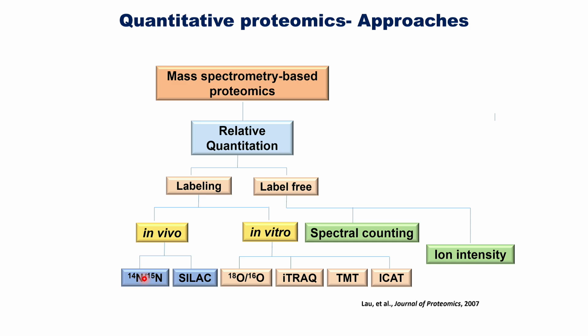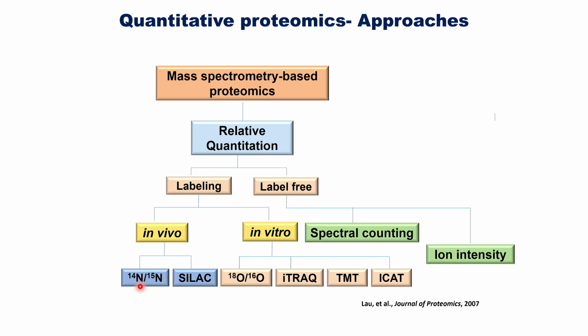So one we will give to the wild type model, and another we will use for the knockout model, and we will subject it to the mass spec, and when the software compares, it will know that okay, this carbon is heavy isotope, this carbon is light isotope. And this method was discovered by my boss's boss.